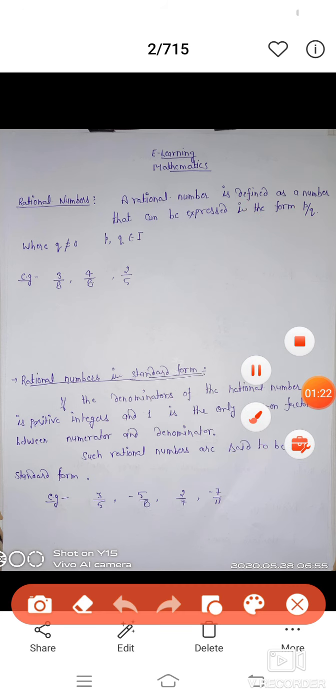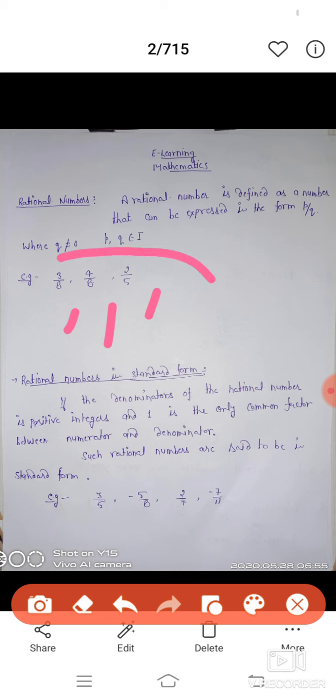Now here we have written 3 upon 8, 4 upon 8, and 2 upon 5 as examples of rational numbers. These are rational numbers. Now, rational number in standard form. If the denominator of the rational number is a positive integer and 1 is the only common factor between numerator and denominator, such rational numbers are said to be in standard form.